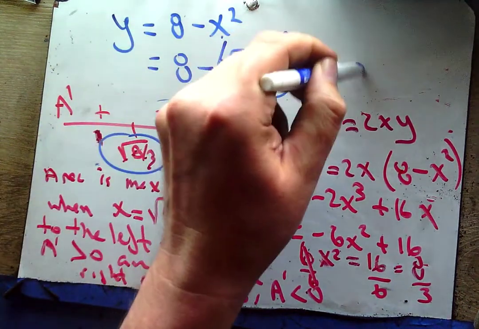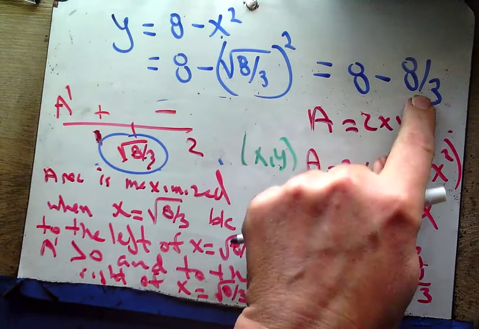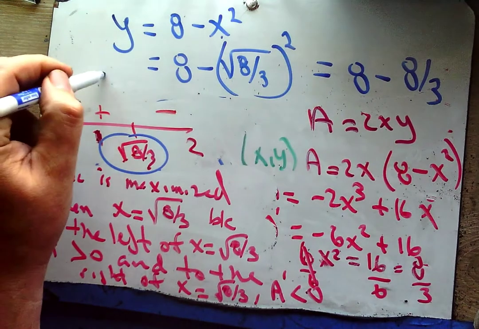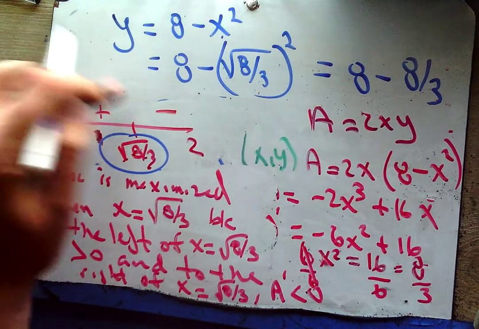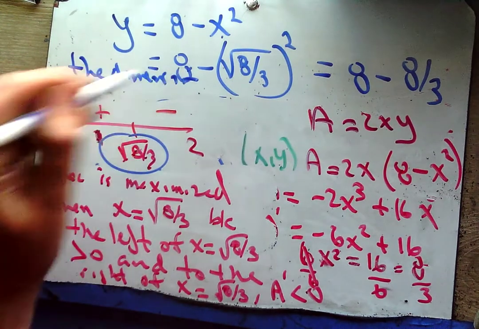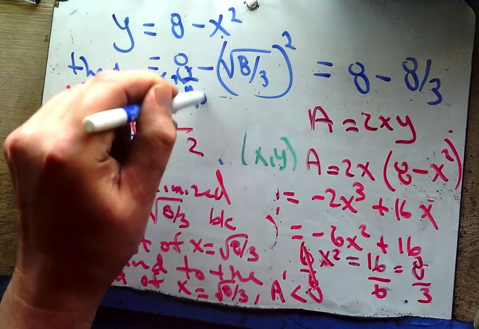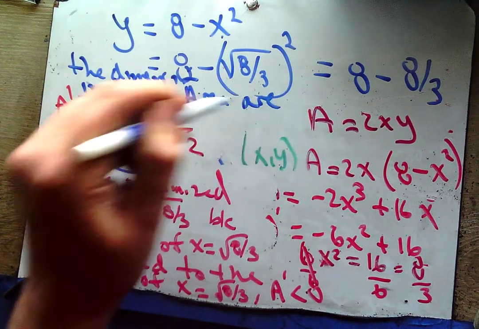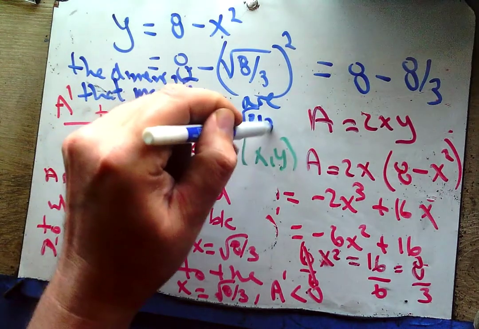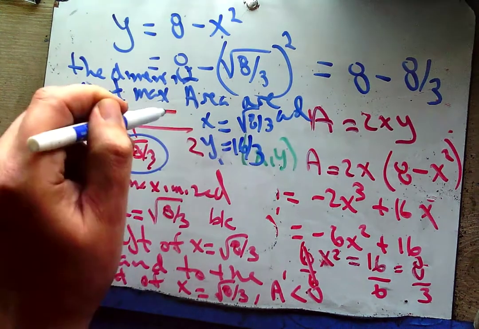Well, that's just going to be 8 minus 8 thirds. 24 thirds minus 8 thirds is 16 thirds. So the dimensions that maximize area are x equals the square root of 8 thirds and y equals 16 thirds.